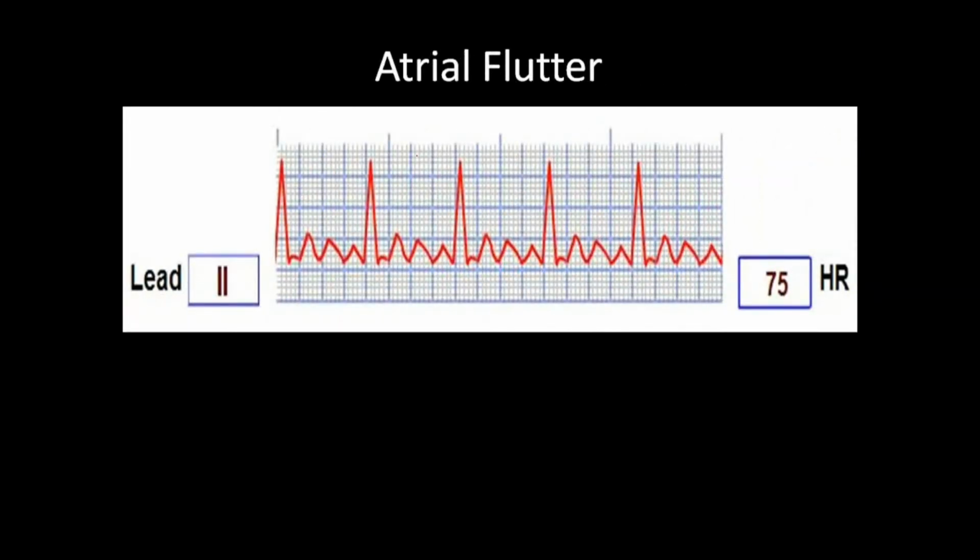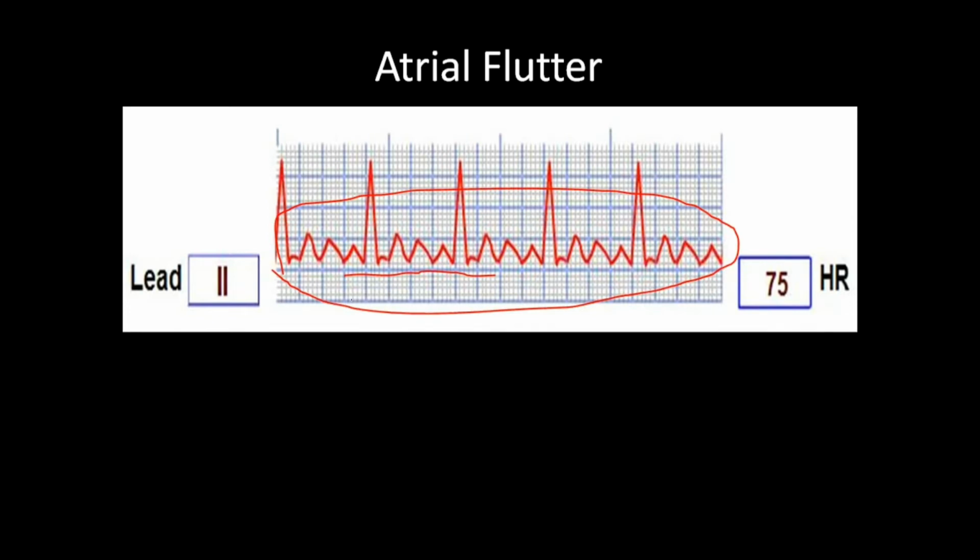Next, you can see atrial flutter. Here you can see the waves. Here it is a P wave, QRS complex, T wave. Then we don't know what wave it is. Again, a P wave, QRS complex, T wave. So in general, when you look at this, it reminds you of a saw blade.